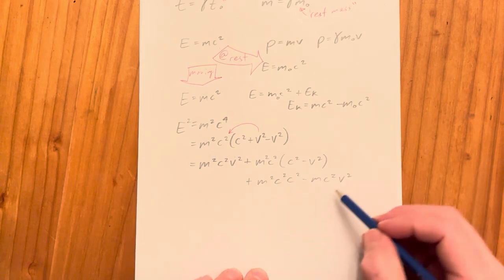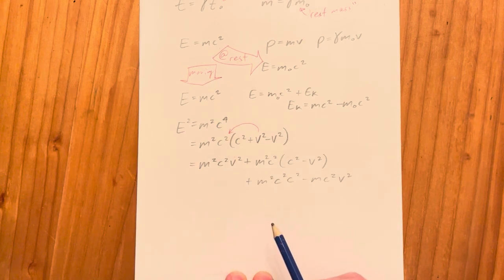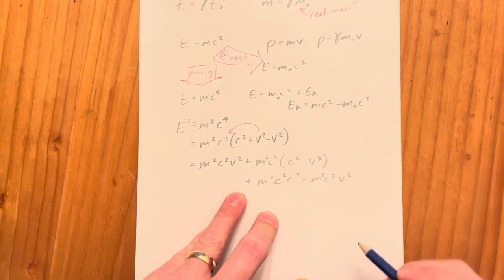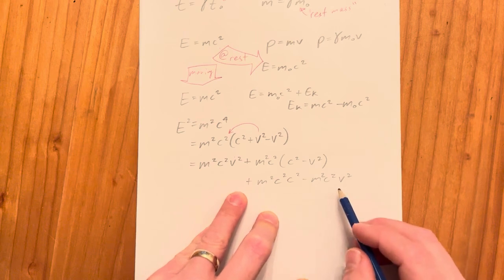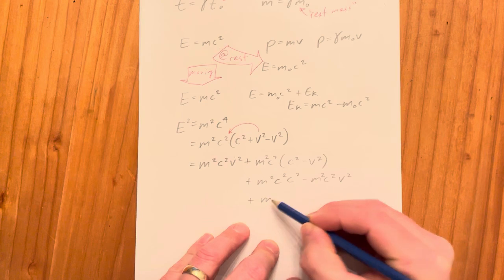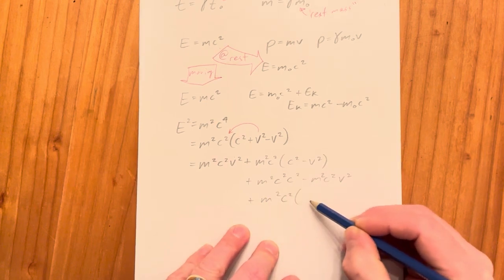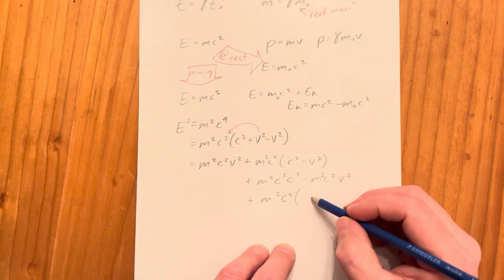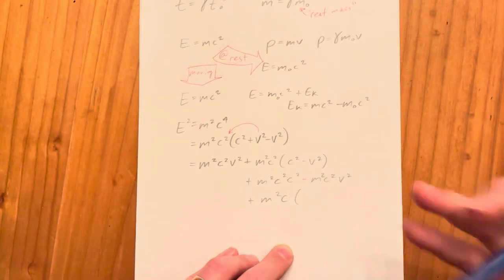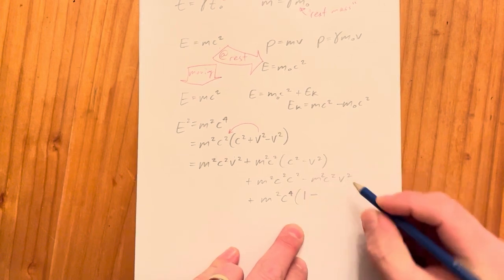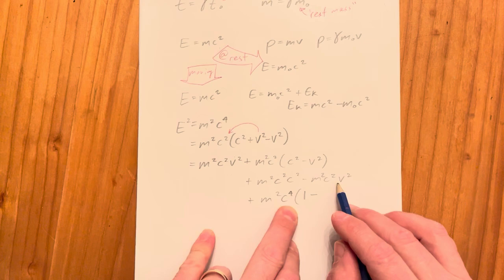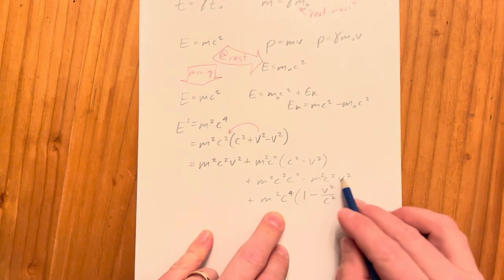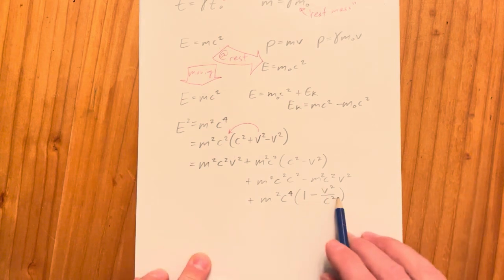And if I pull out an m squared c to the fourth, this is, obviously, 1 minus v squared over c squared, because this times that is now this. Now, the reason I did all that is because this is gamma squared, right?